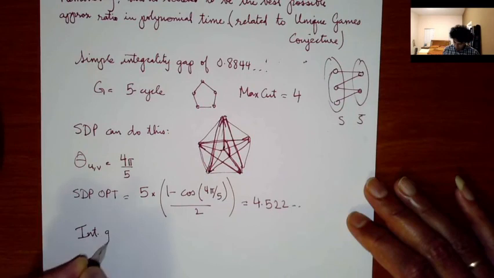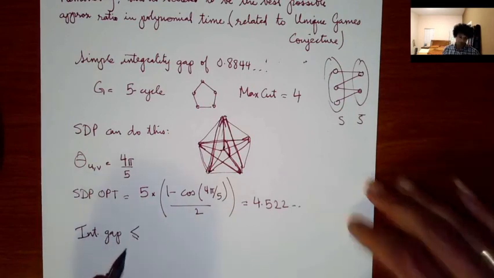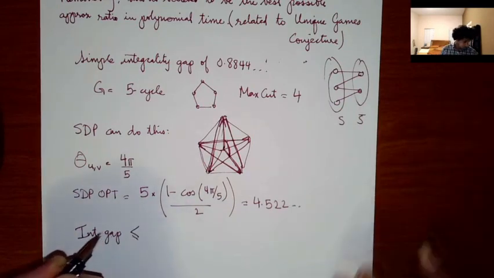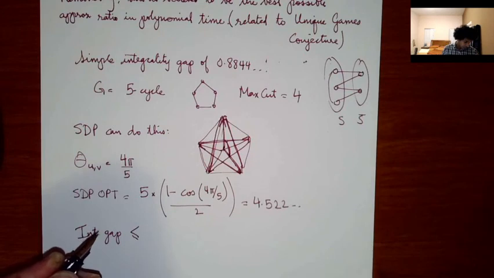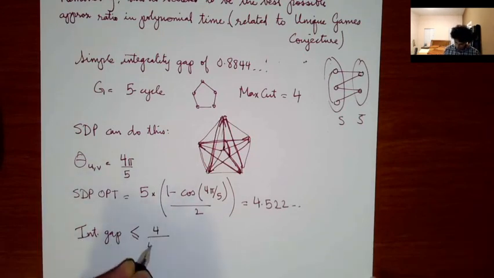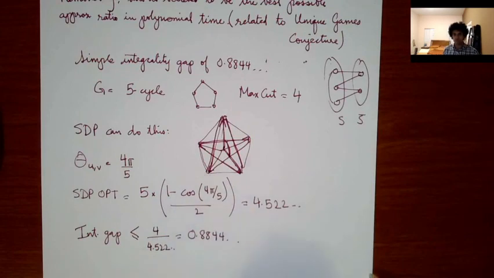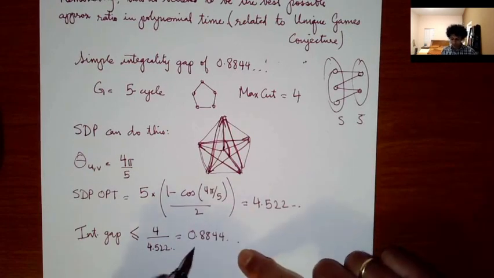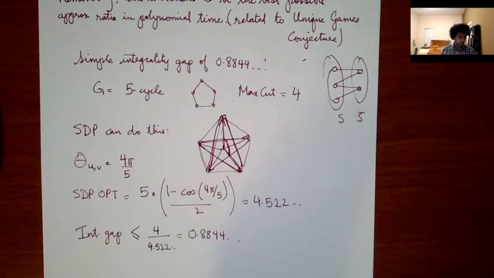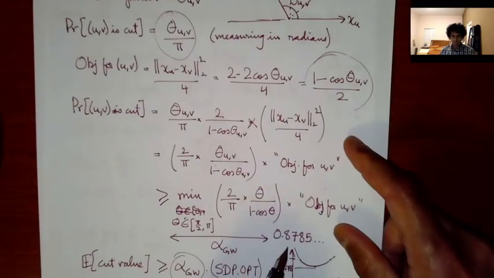And so the integrality gap is at most, it could even be lower than this. So what you get is 4 divided by 4.522, and you get something like 0.8844. So you get a simple integrality gap of 0.8844, and you get a rounding scheme of 0.878.